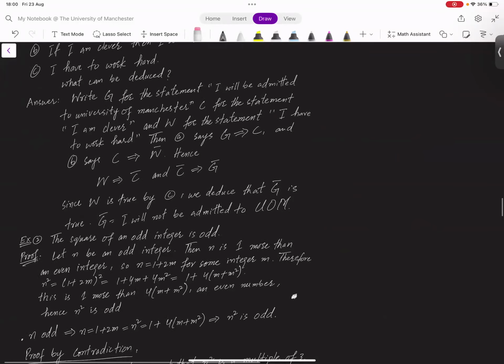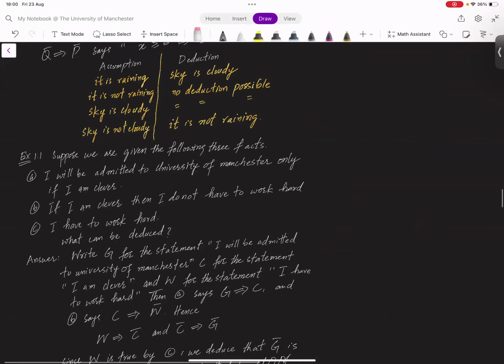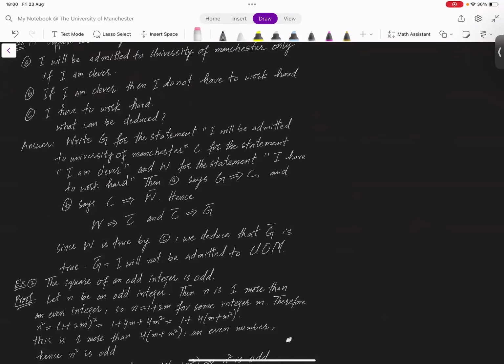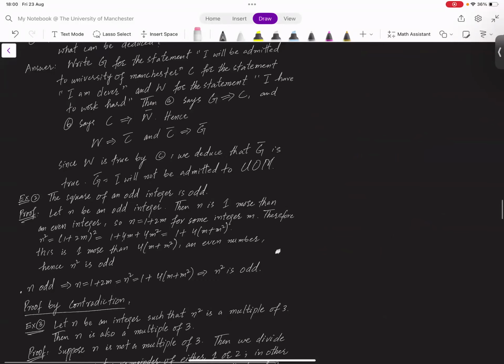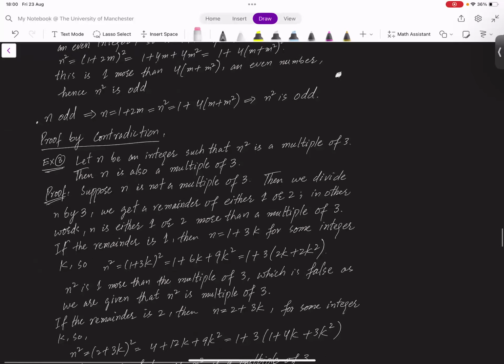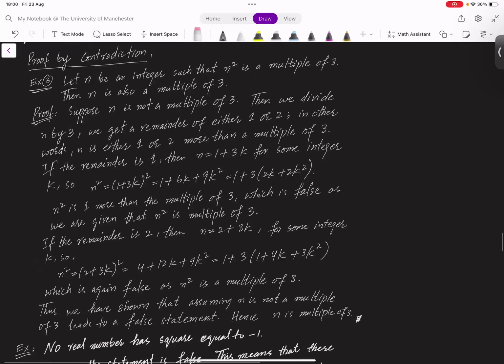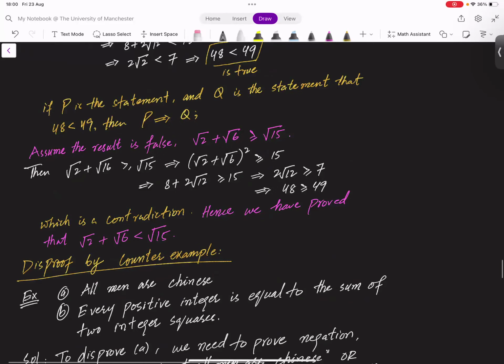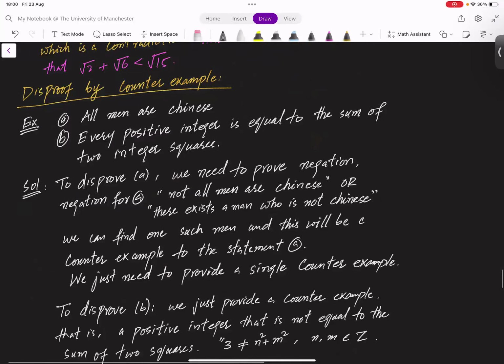Then the second one was proof by contradiction, from the previous lecture, part 2, where we assume the negation and then prove it. Then we have this way, proof by counterexample: just produce a single counterexample for the negation.